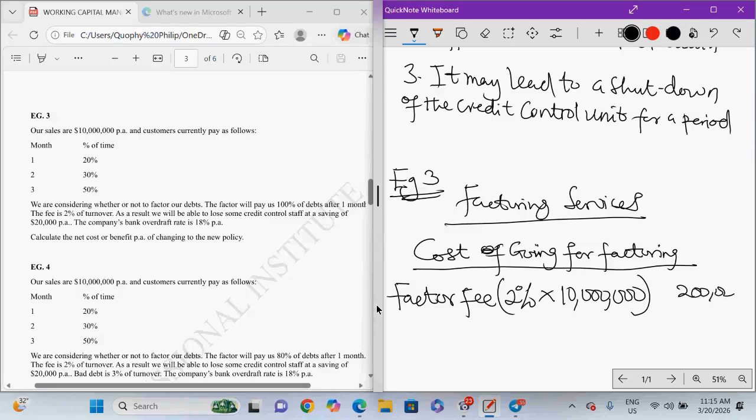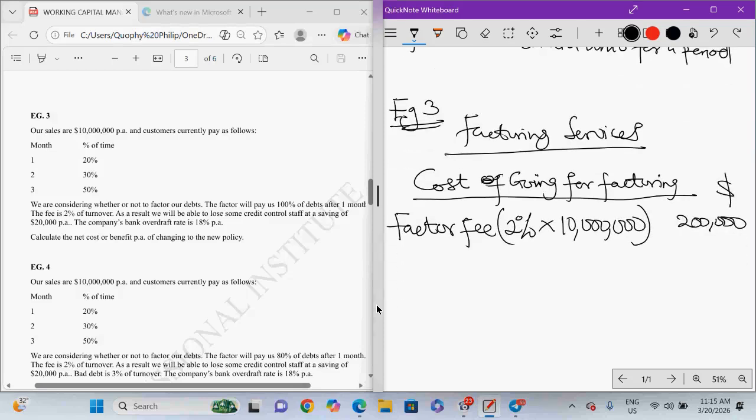Right. Okay. So let me put $200,000. All right. What other costs would we incur if we go for a factor? Is that the only cost? The saving will be part of the benefit. So I think this is the only cost, right?